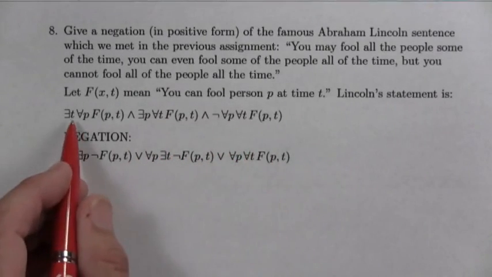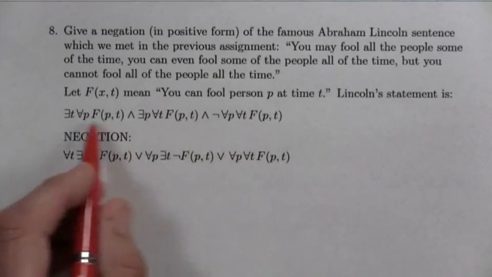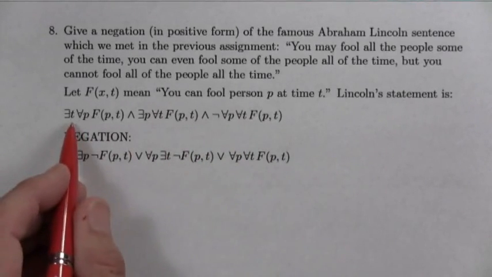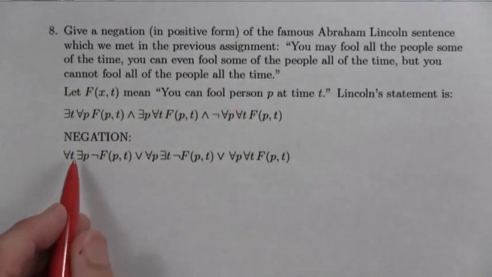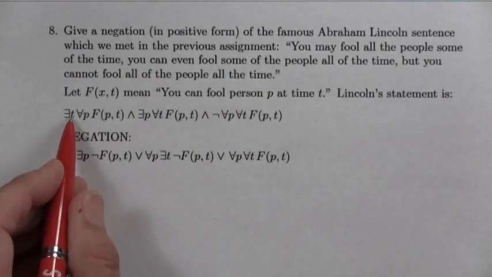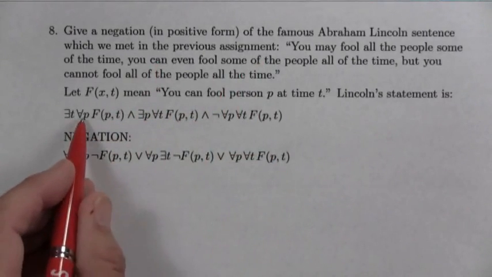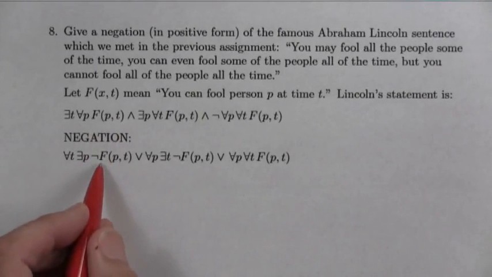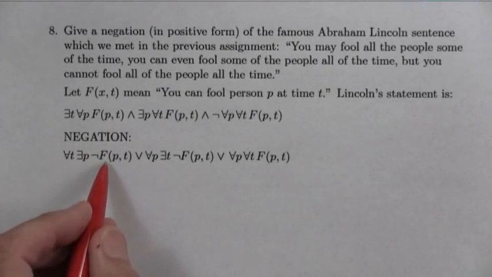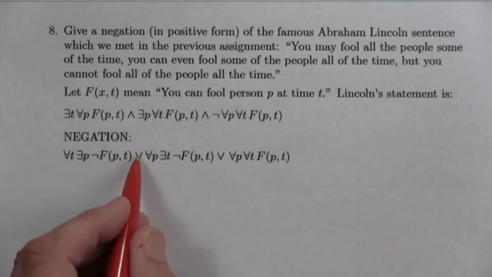Okay, let's just mechanically go through and negate that, looking at the formalism. And then we'll try to interpret the answer and express it in English. Okay, so exists becomes for all. For all becomes exists. F(p, t) becomes not F(p, t). Conjunction becomes disjunction.